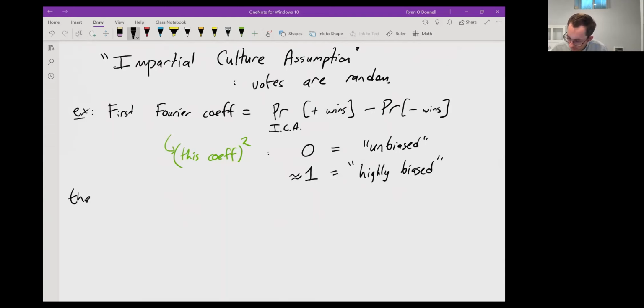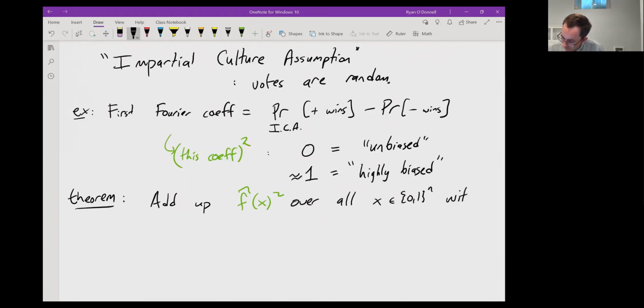Let's say there's a theorem, which is not too hard to prove, that says the following. It's a link between the Fourier coefficients and something about voting. If you add up the squared Fourier coefficients, but not all of them, just some of them, over all strings x, all rows in the Fourier coefficient table, with the 17th bit being 1, the result is the voting power, sometimes called the influence, but I'll call it the voting power of voter number 17.